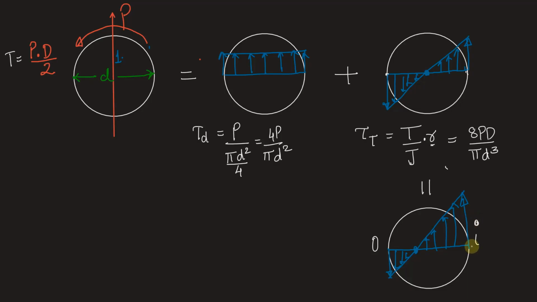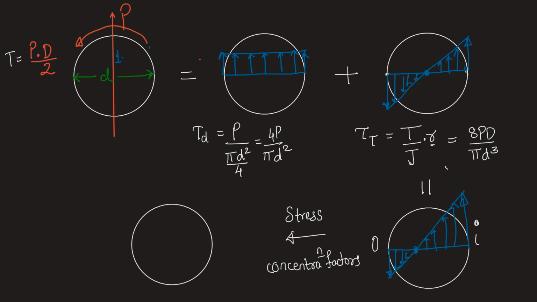To account for this, various correction factors are applied, and the resulting stress distribution after applying the stress concentration factors, the distribution of shear stress will no longer remain linear. This value will be even higher.